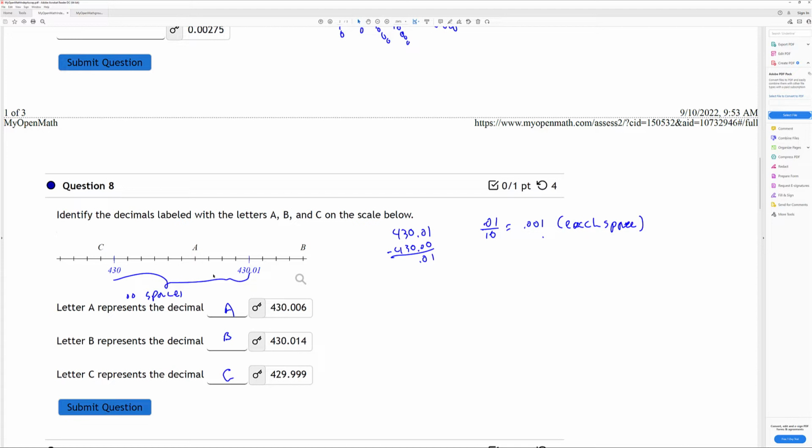So going up, each space, so I have 430.01, 0.01 here. Go up 1, 11, 12, 13, 14. So there's your 430.14 there. Okay. 430.01.